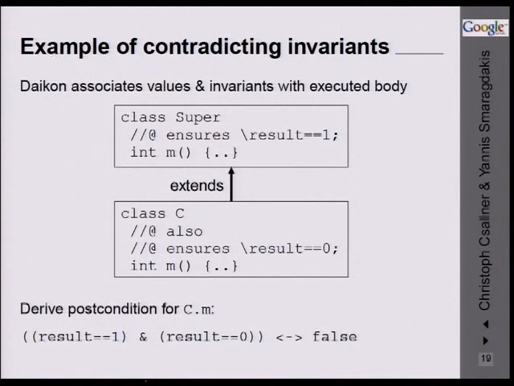But it turns out that with the rules I just showed you, and those rules are enforced by JML and also by other design methodologies like design by contract, if you put it together, the postcondition of the sub method is that it has to return 1 and it also has to return 0, which of course no method can do. So that is equivalent to false.